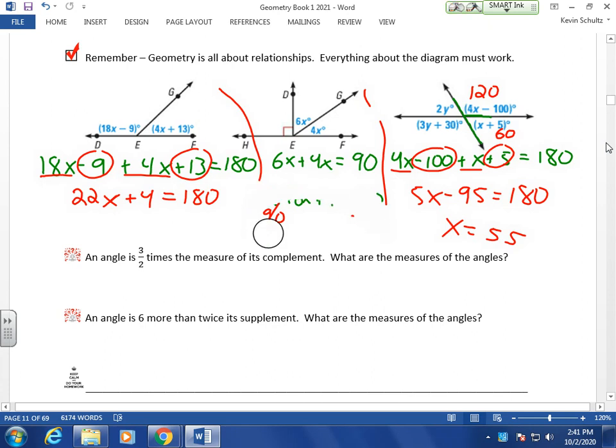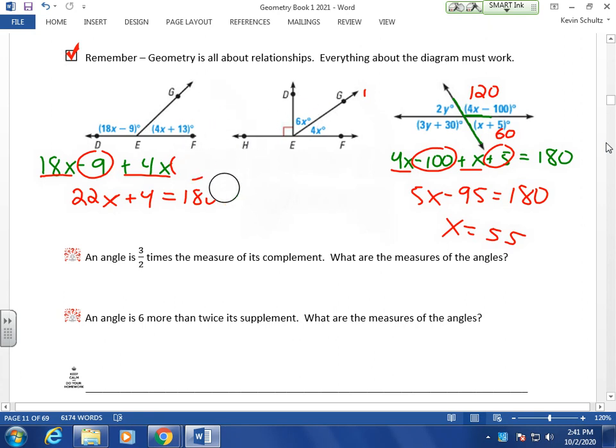Now that we've got x, give me two things we could do to solve for y. What are two relationships we could set up to solve for y here? Audrey. You could do 2y plus 3y plus 30 equals 180.